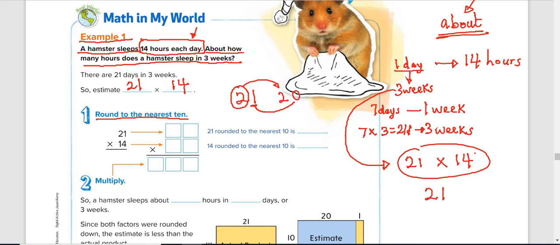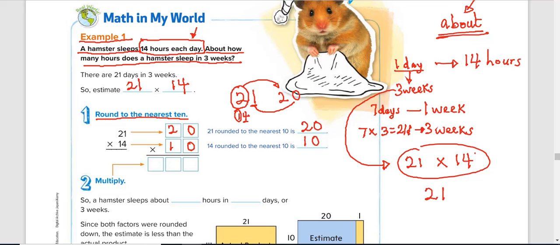So we've rounded down, as it has decreased from 21 to 20. And the same thing with 14: the tens place is 1, the next digit is 4, which is less than 5. So we round down, the 1 remains the same, and the 4 becomes 0.